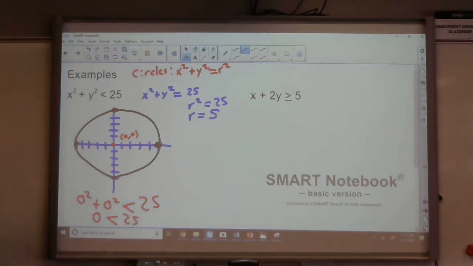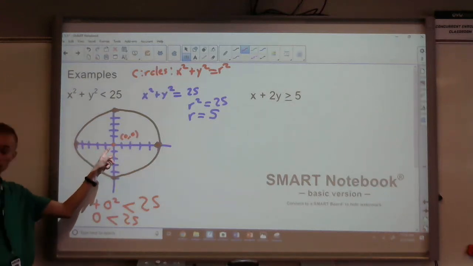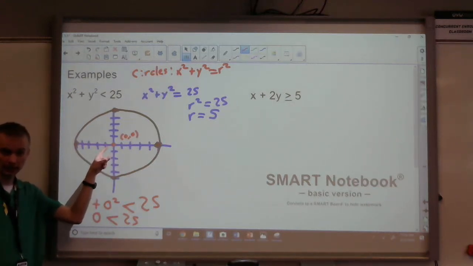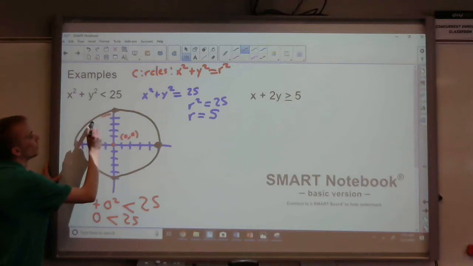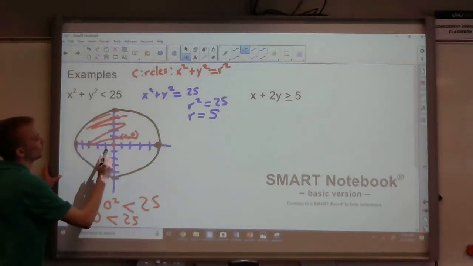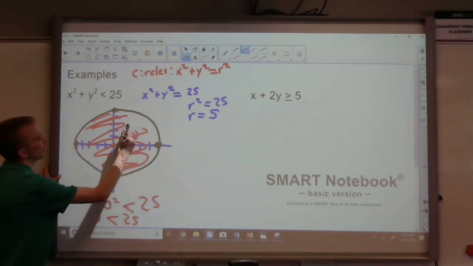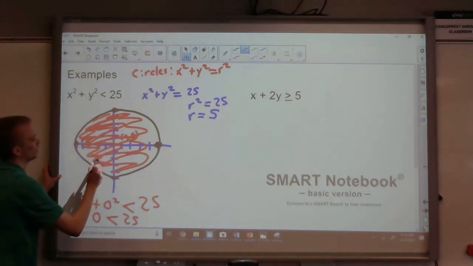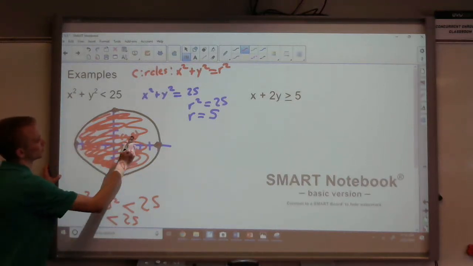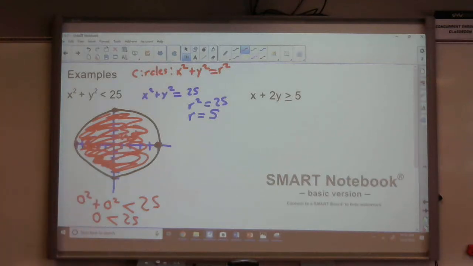Is that true? Yeah, 0 is smaller than 25. So it does work right there, okay? That is a solution for our inequality. So the inside of the circle is where it must work. Okay, so this would be our solution for this inequality.